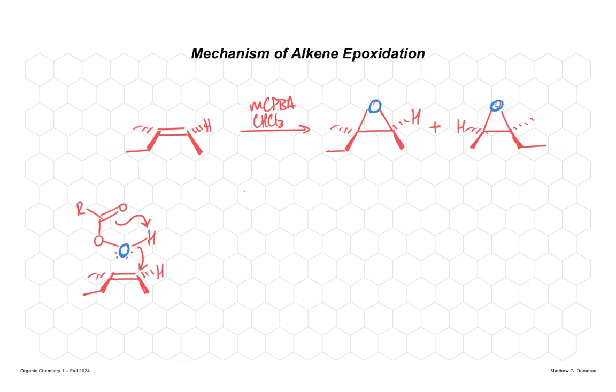So that will form an oxygen-carbon bond. Then we're going to break the carbon-carbon pi bond and have that attack the oxygen. And so then we have to break the peroxide bond, and in doing so, we'll reform a carbonyl pi bond.